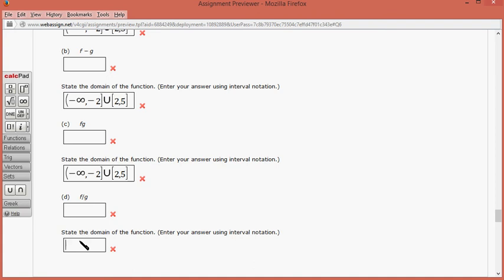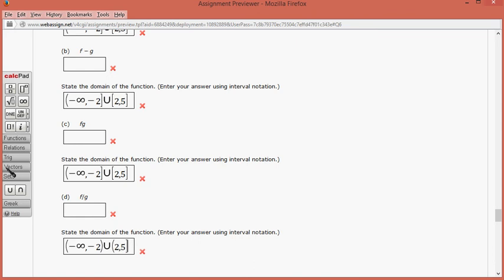Then the last one is negative infinity comma negative 2 with a parenthesis, and a parenthesis at 2 to 5 with the bracket.